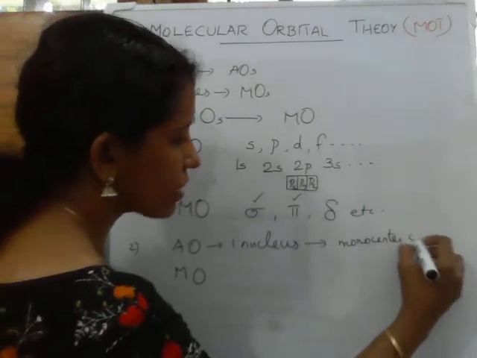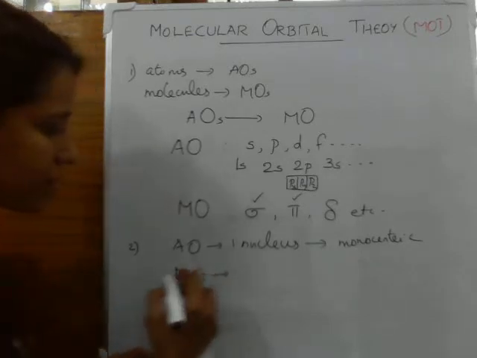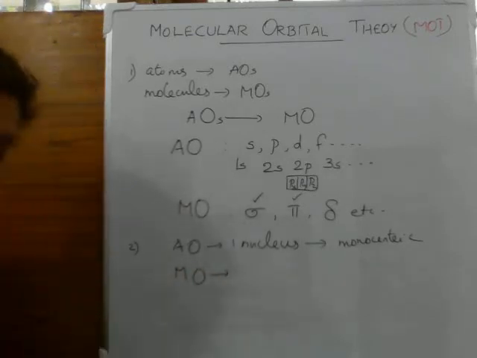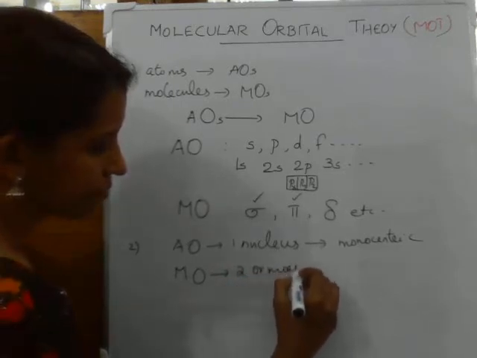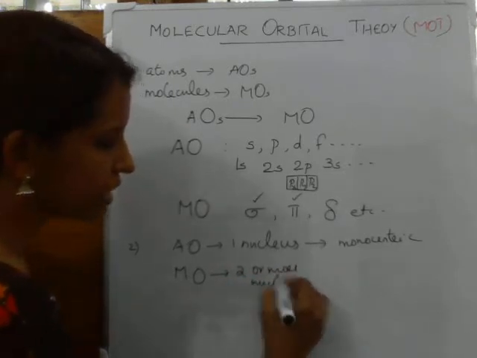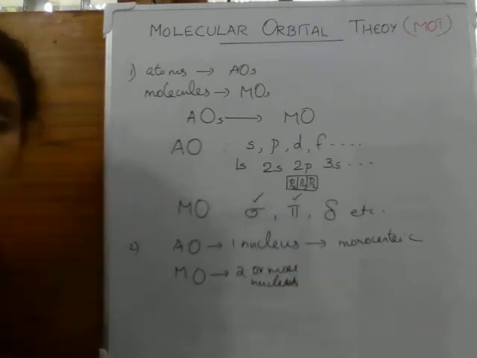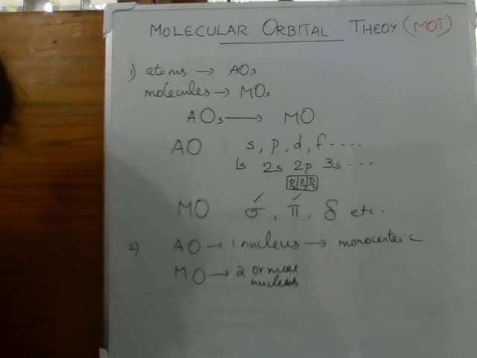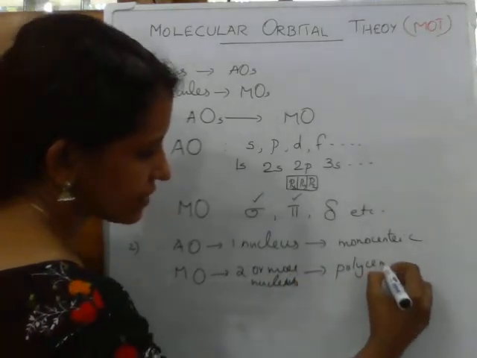Atomic orbitals are monocentric, whereas in molecular orbitals, the electrons are influenced by two or more nuclei, because the molecule contains two or more nuclei depending upon the number of atoms present in the molecule. So, molecular orbitals are said to be polycentric.